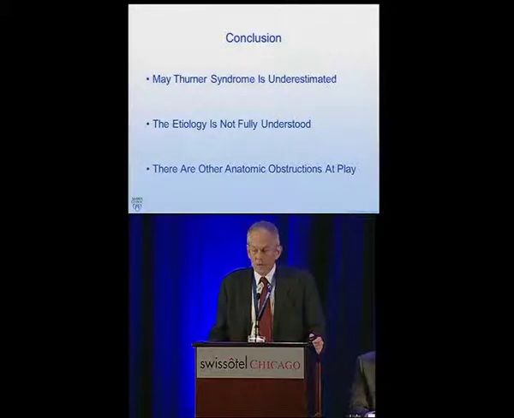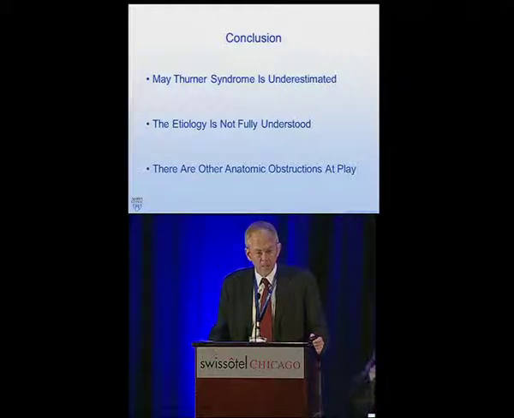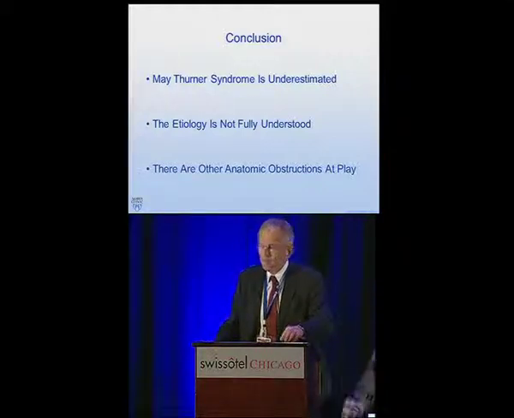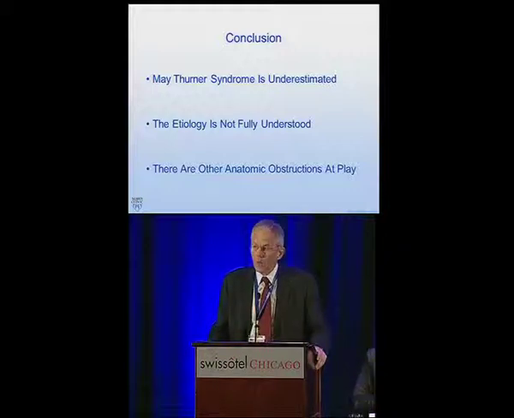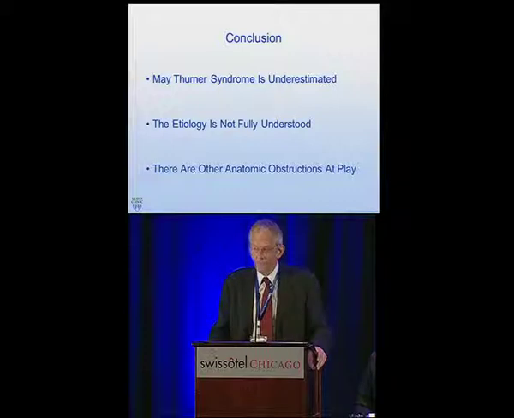So I think that we still do not appreciate the significance of what we call May-Thurner syndrome. It probably has a much bigger role than we think. But I also think that there are other conditions in the venous system that cause fixed stenosis, which only become significant when the patient uses his or her limb and thereby increases the blood flow and demand for a good outflow from the limb.